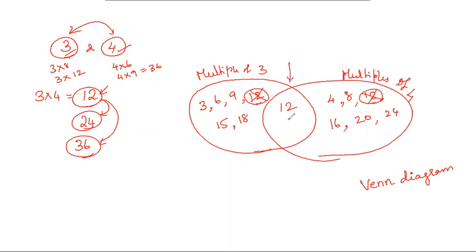I have to put it in this common space because 12 occurs in both multiples of 3 as well as 4. That is why I'm putting 12 in this common place. Okay. Same way, next number, if you proceed with writing the multiples of 3, you can see it is 18, then 21, then 24. 24 occurs in both these two places. So what should we do? We should not write 24 here. Rather, we can write 24 in the common space, where it is a multiple of 3 as well as 4. That is why you put it over here.